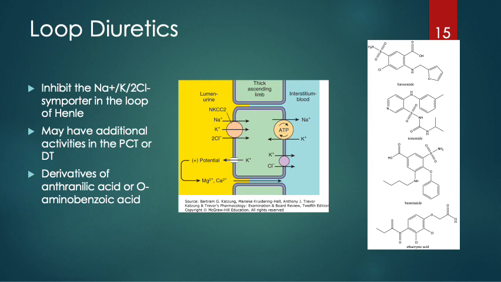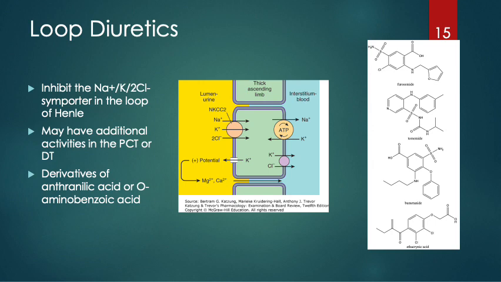So carbonic anhydrase inhibitors, we classify by the mechanism of action: they inhibit carbonic anhydrase. Osmotic diuretics too. Thiazide diuretics were classified based on their structures. Now, the loop diuretics are classified based on where they actually operate, where they have their action. So they're classified based on the location of their action.